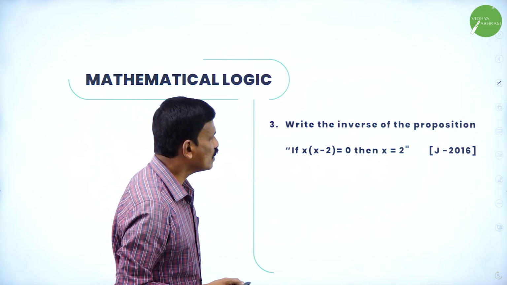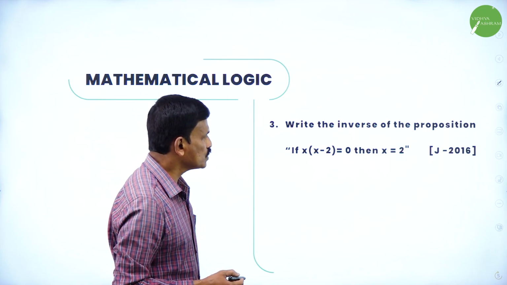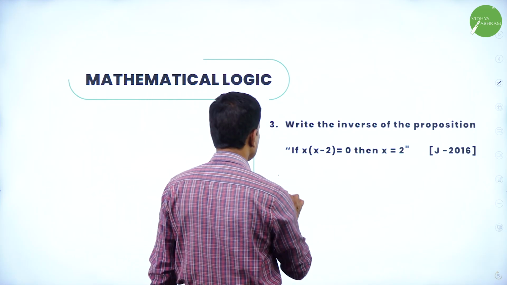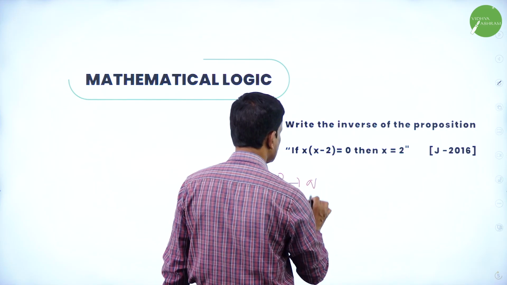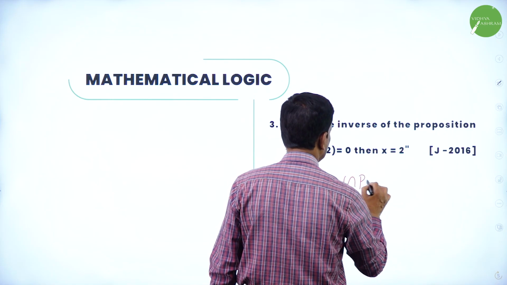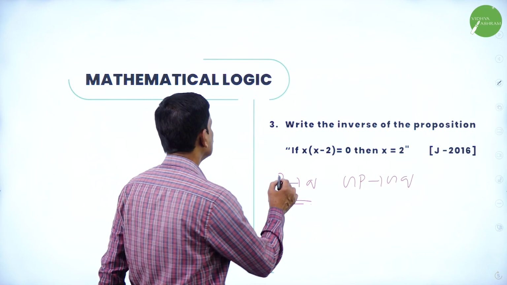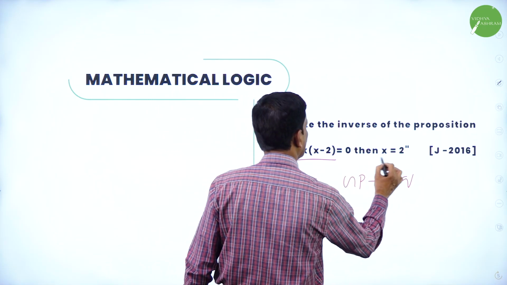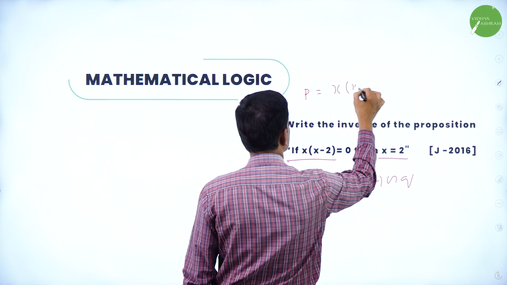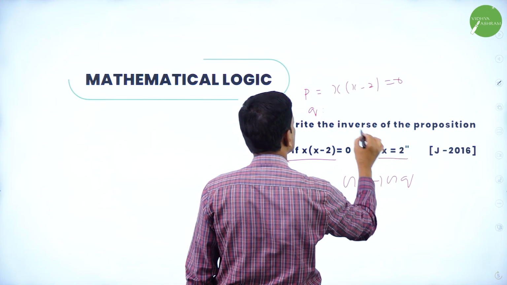Write the inverse for the proposition: if x into x minus 2 is equal to 0, then x is equal to 2. What is the inverse? Suppose if P is conditional to Q, this is the conditional statement. The inverse of this is negation P conditional to negation Q. Here P is x into x minus 2 is equal to 0, and Q is x is equal to 2.